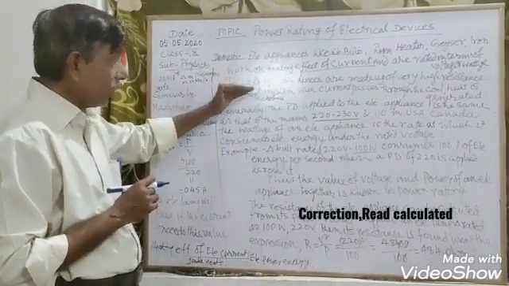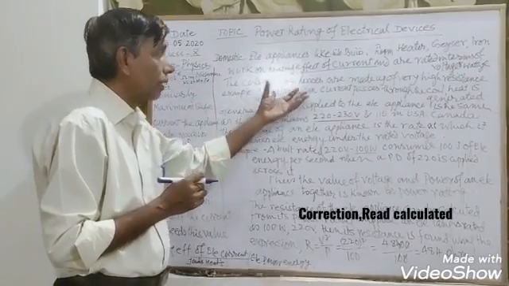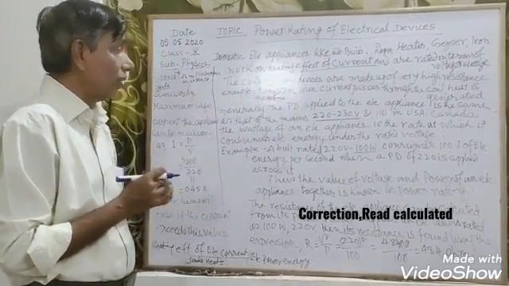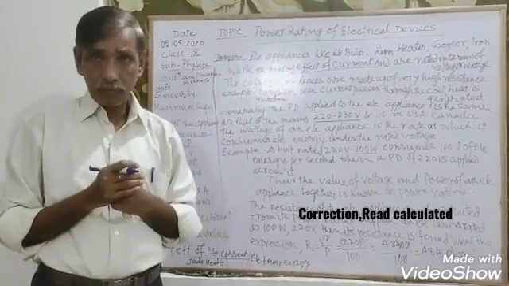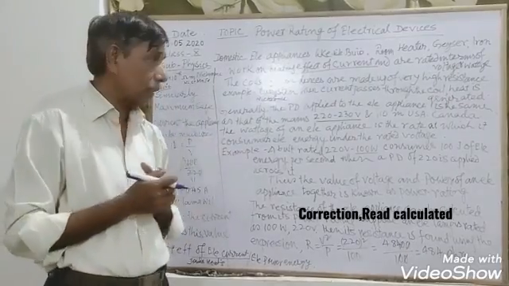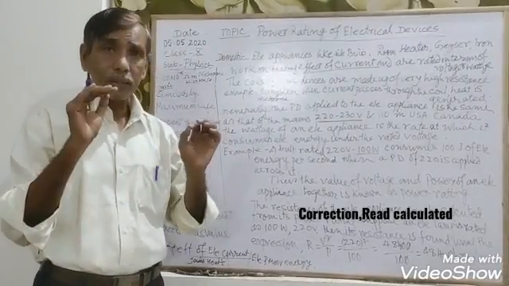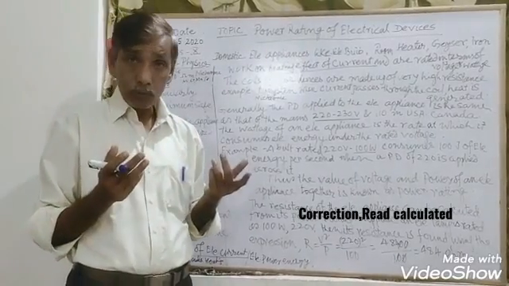So, for such heating devices, tungsten is used in our bulb, while in heaters, whatever heater is used for domestic purposes, the nichrome coil is used. And what is nichrome?